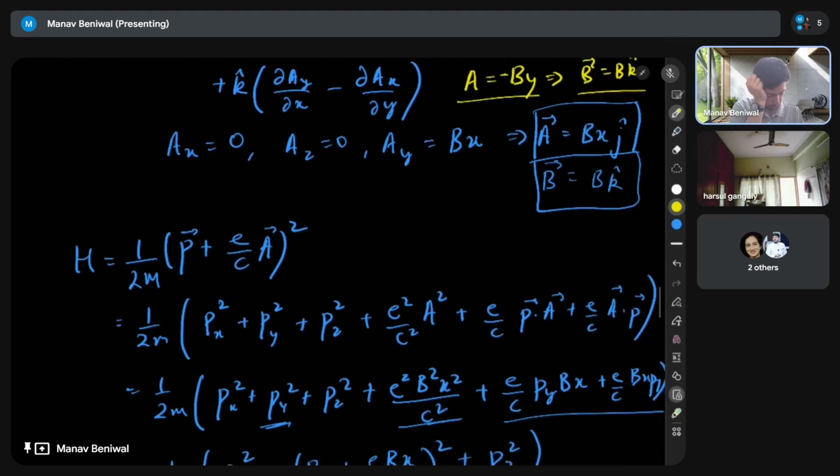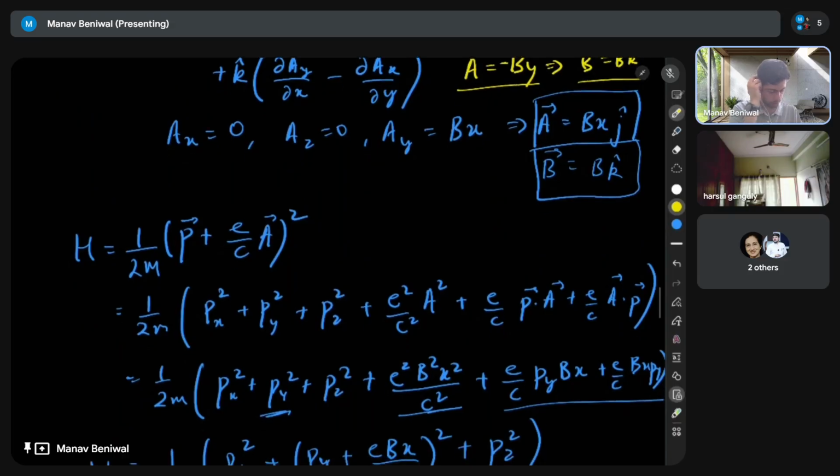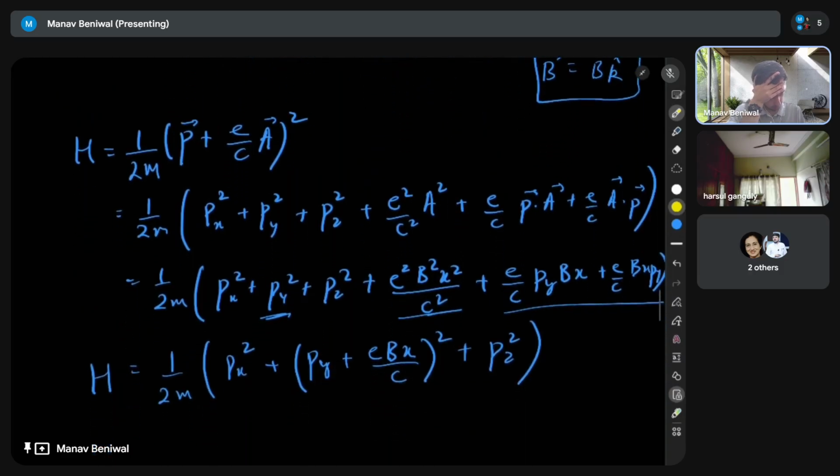So here everything is the same. Instead of x squared we'll get y squared, right? And here instead of Bx we'll get minus By, and again here also minus By, so that will be minus 2 By.